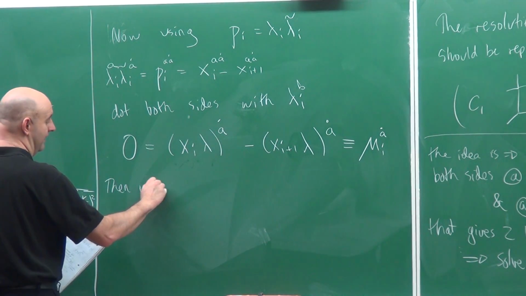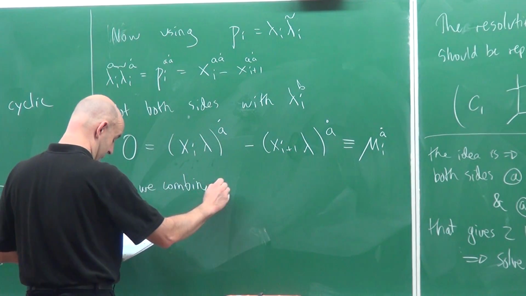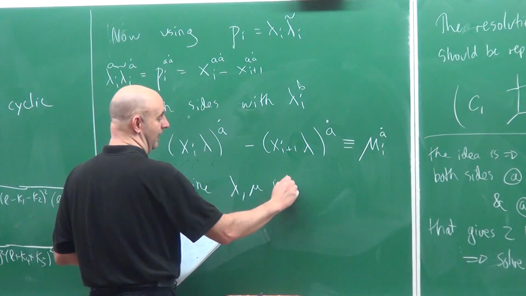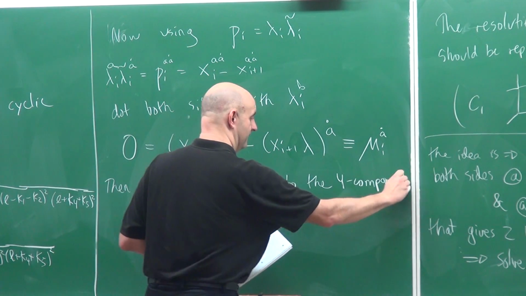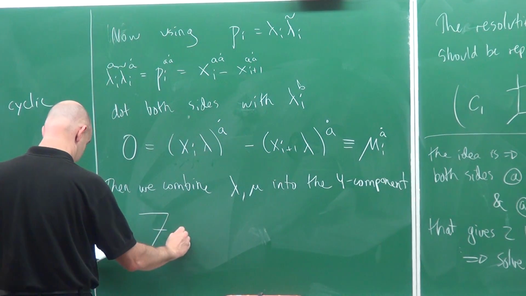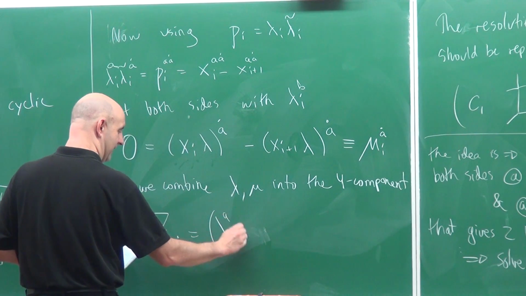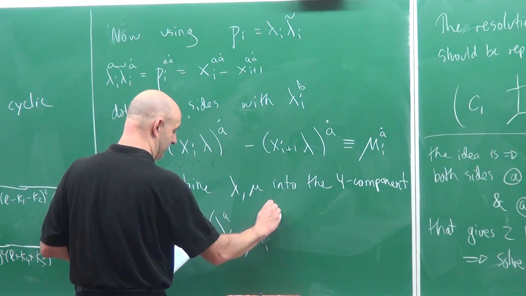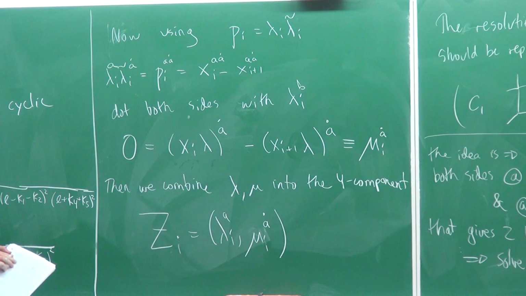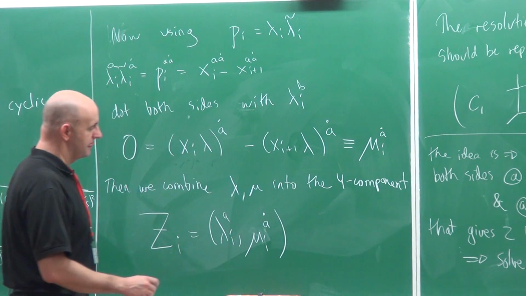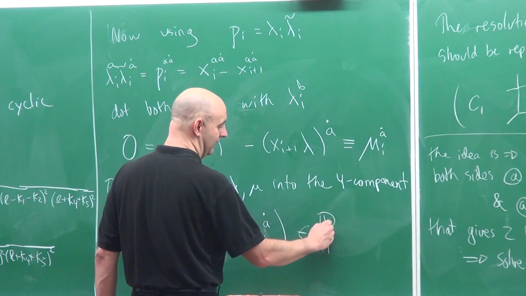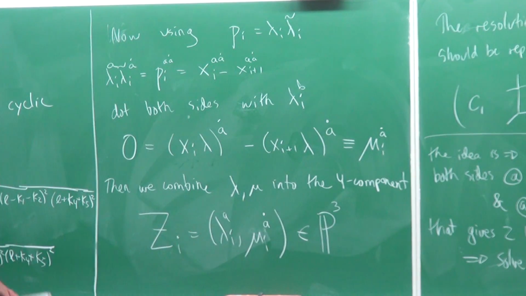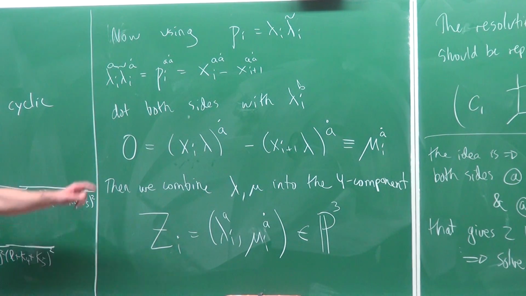Then we combine lambda and mu into the 4-component object Z_i. Now, the important thing about this is that it's naturally a homogeneous coordinate of a point in P3. Now, why is that?